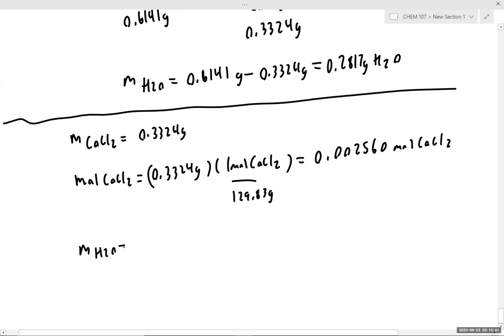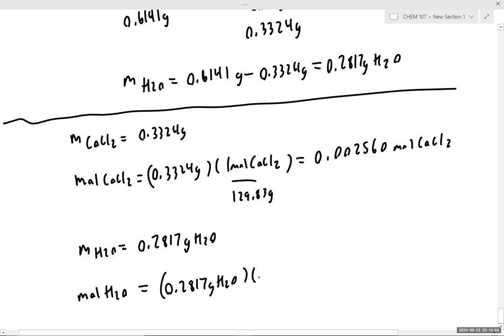Likewise, from the mass of water, we can figure out the moles of water. So we have 0.2817 grams of water. In 1 mole of water, we have 18.00 grams.